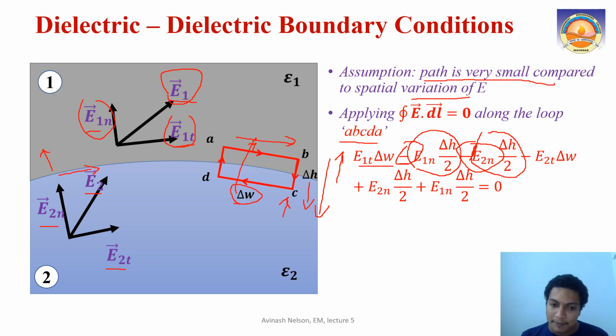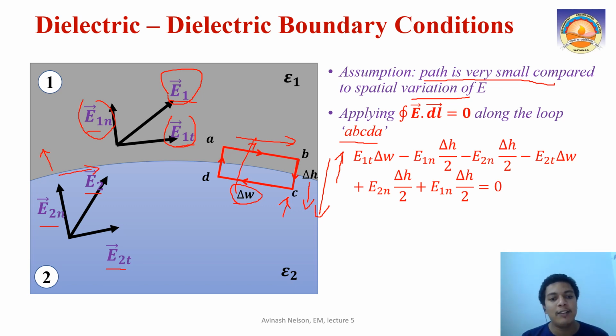Then the remaining part is minus E2t into delta W. That means, from C to D, the direction of that length delta W is in this direction, and your tangential component is in the opposite direction, so here also you will have a negative dot product.